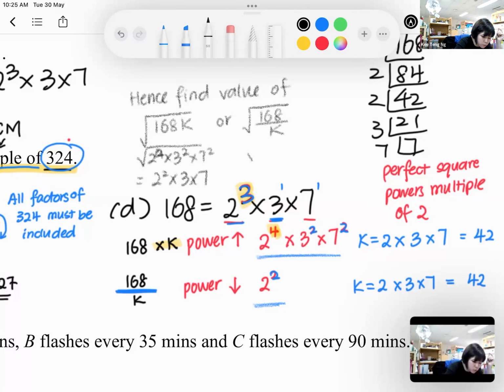Whereas this answer will be just square root of 2 square, which is just 2. So if there is a part 2 that asks you to find a certain value, then your answer will be totally different. Please take note of the difference between multiplying by a power and dividing by a power.